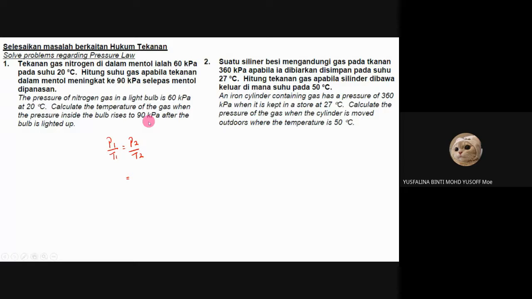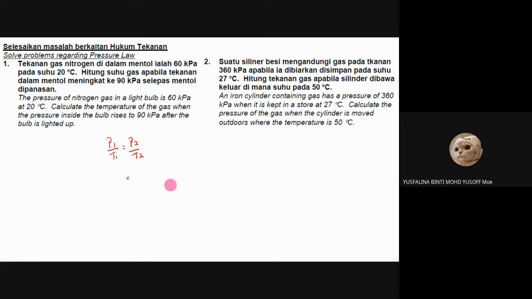And for the temperature, if they don't ask you to change, let's say they said give the answer in degrees Celsius, then don't change. If the question says change the answer to degrees Celsius, then you change. So for this one, you don't need to change to degrees Celsius. Just leave the answer in Kelvin. So just read the question carefully to see what unit the question wants. So this one no need to change.